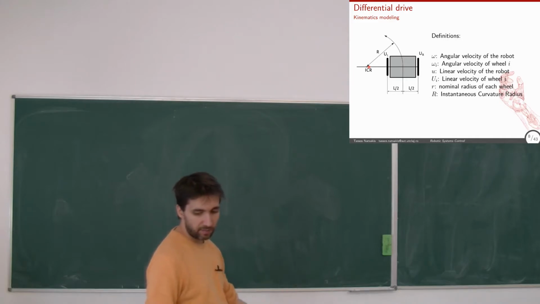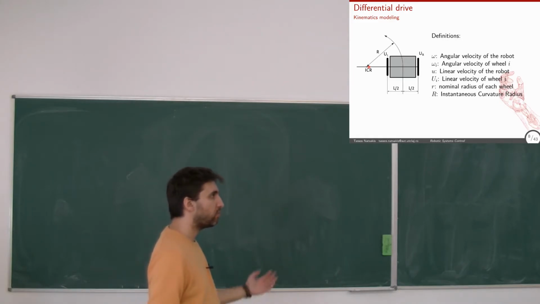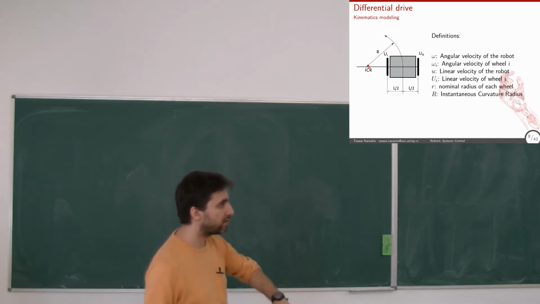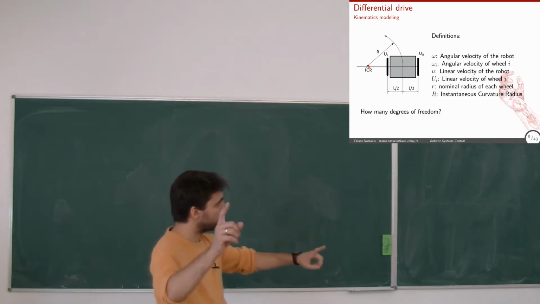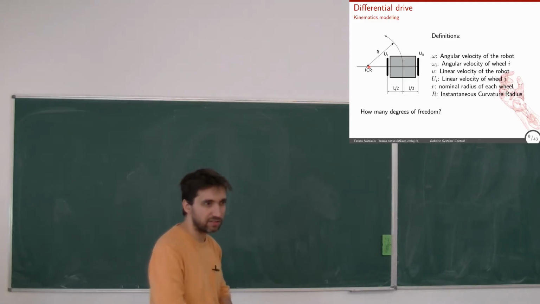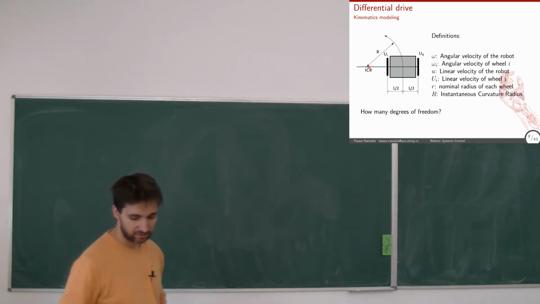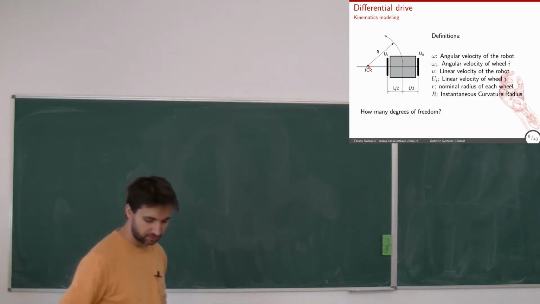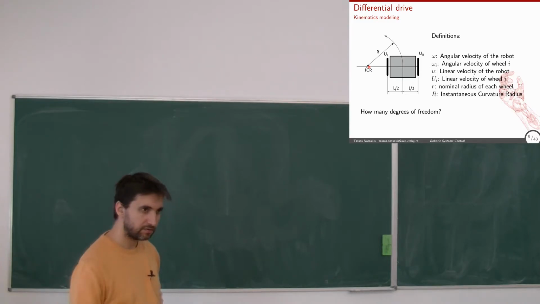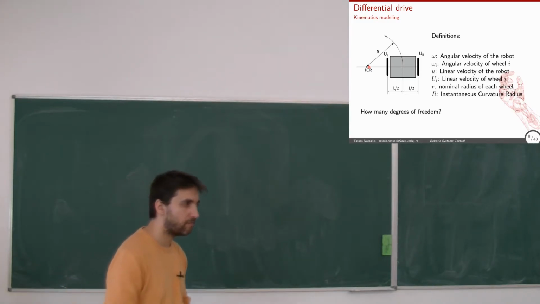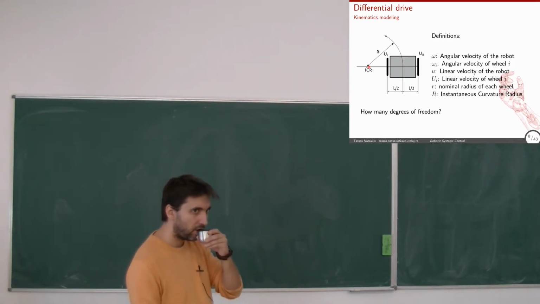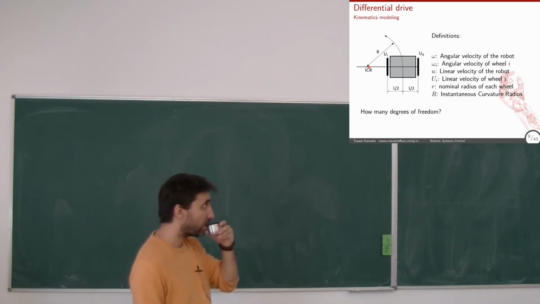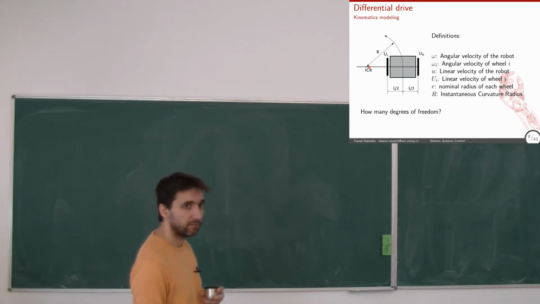Now to describe the pose, the position and orientation of the robot. Okay, sorry, question before that. How many degrees of freedom do you think this has? Yes. Why?